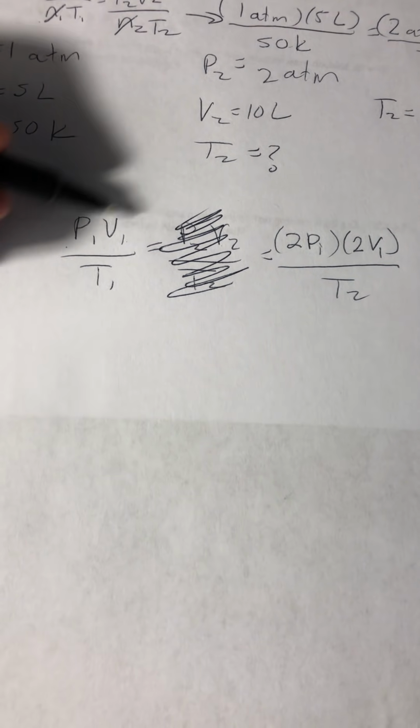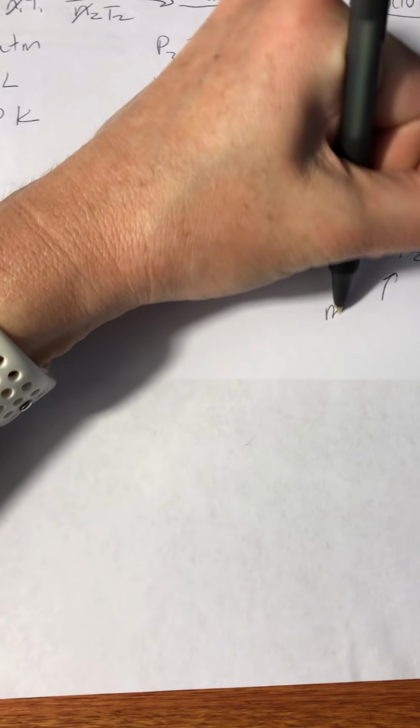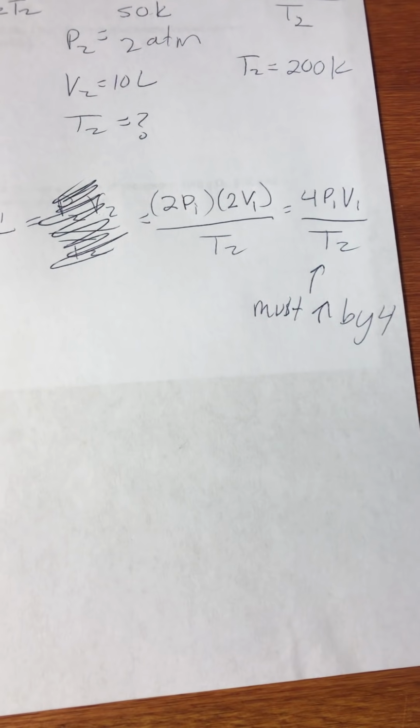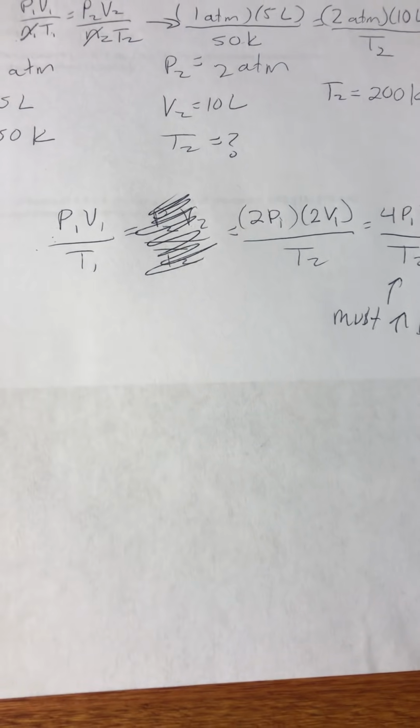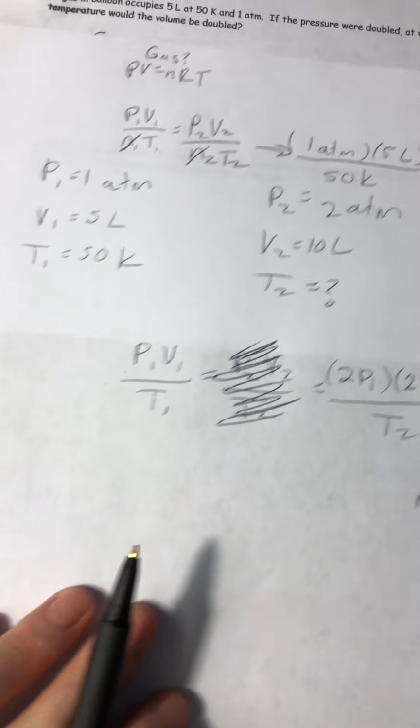So we doubled the pressure, we doubled the volume. This and this tell you that there's an increase of 4 on P1V1 over T2. In order to maintain this ratio where these equal each other, this one must increase by 4. Mathematically, it has to increase by 4, and that's how we could also go about solving it.